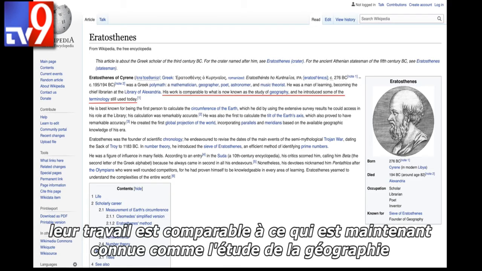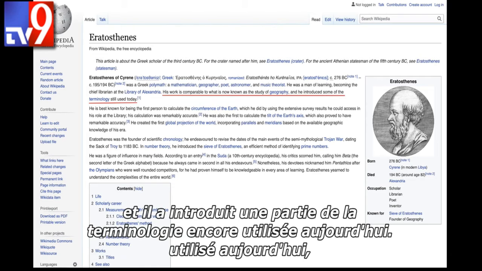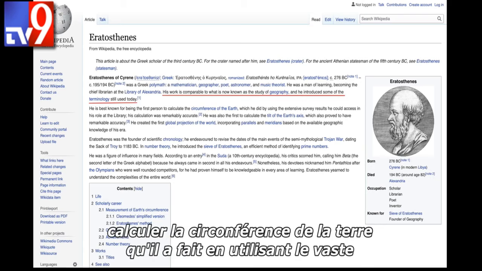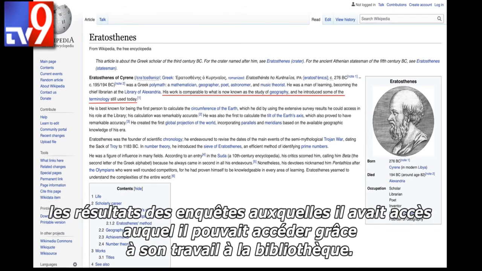His work is comparable to what is now known as the study of geography, and he introduced some of the terminology still used today. He is best known for being the first person to calculate the circumference of the Earth, which he did by using the extensive survey results he could access in his role at the library.